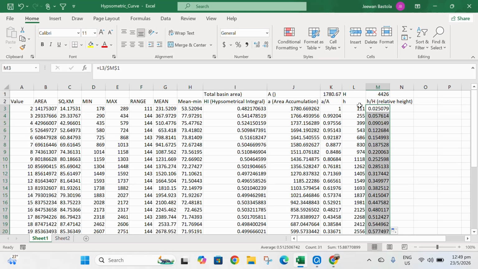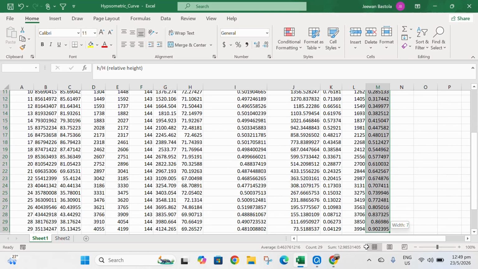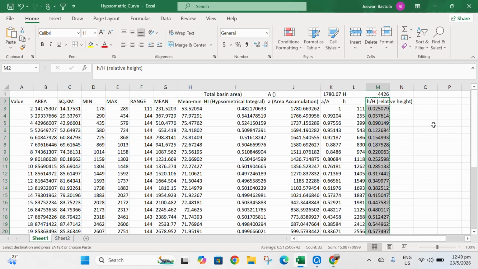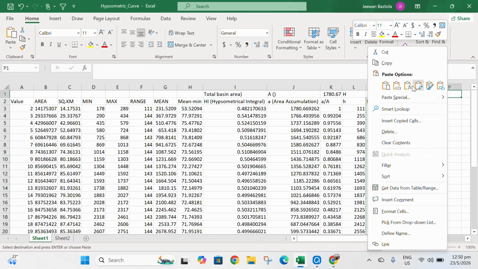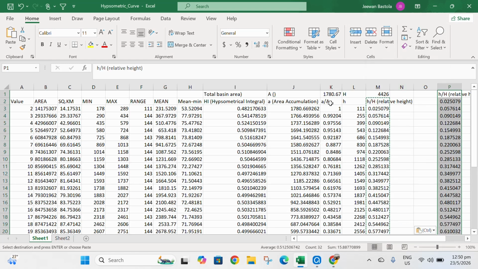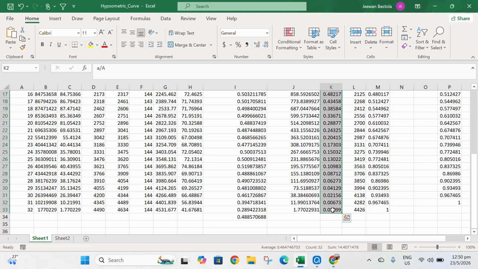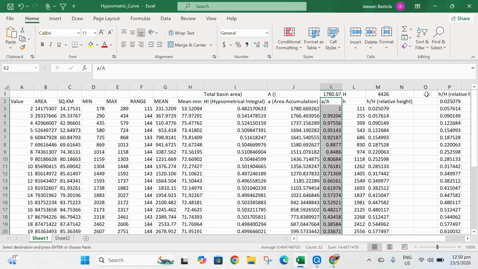From here we can create the hypsometric curve. To do so, you'll use relative height and then relative area.